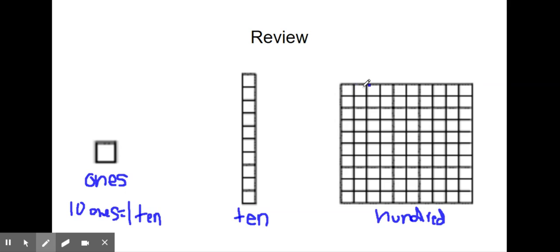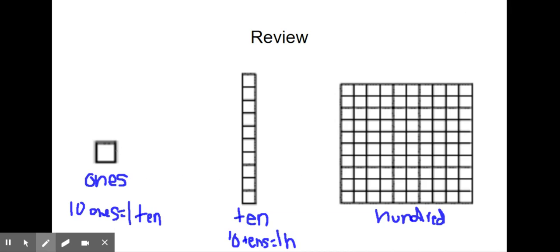So 1, 2, 3, 4, 5, 6, 7, 8, 9, 10. So 10 tens equals 100. I'm just going to put an H there.